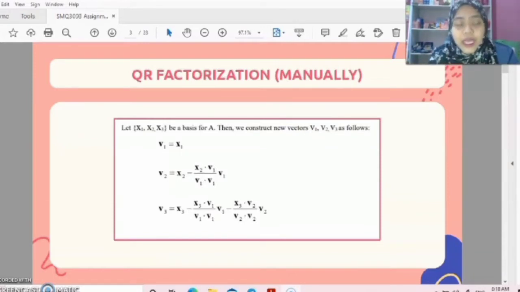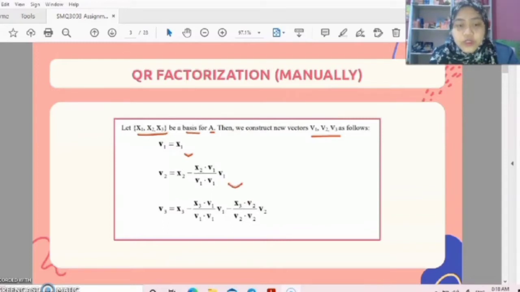So, let x1, x2, x3 be a basis. V1, V2, V3 are defined as follows. V1 equals x1, V2 equals x2 minus (x2 times V1 over V1 times V1) multiplied by V1.